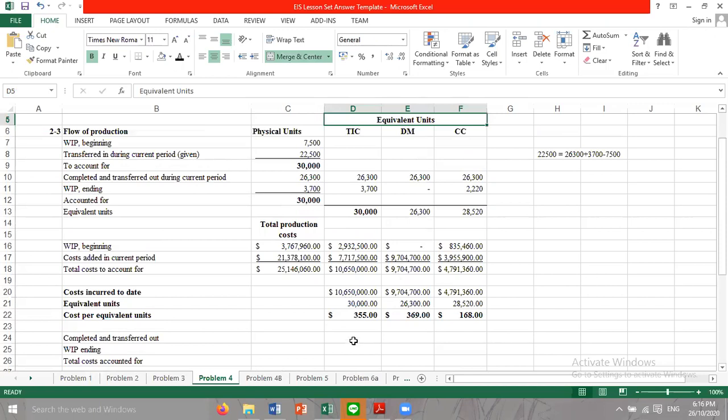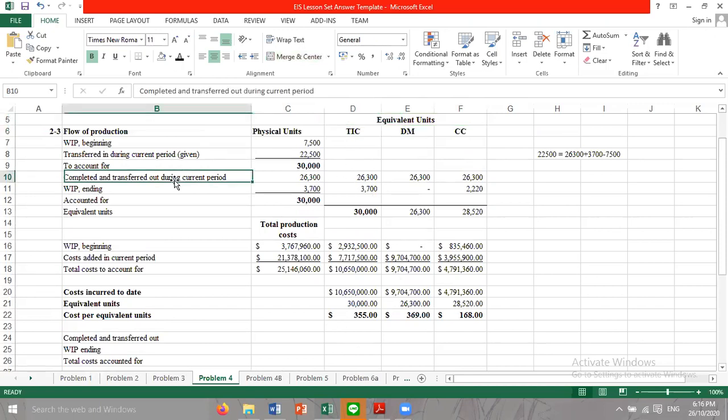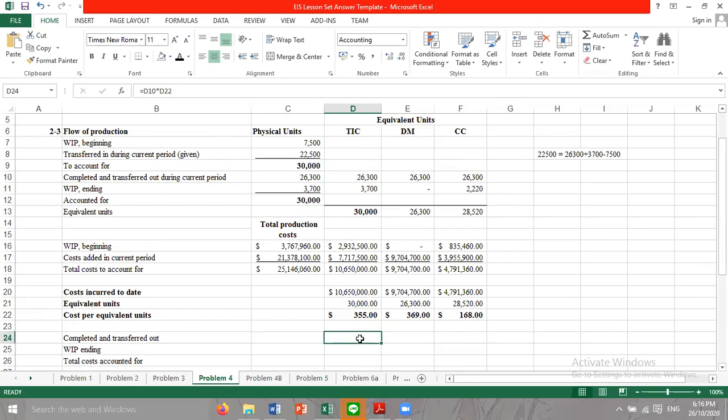In this case, the equivalent units done for transferred in cost on completed and transferred out during the current period is 26,300, right? So all we need to do is multiply 26,300 with $355, and we'll get a total cost of 9,336,500. The same goes for direct materials.